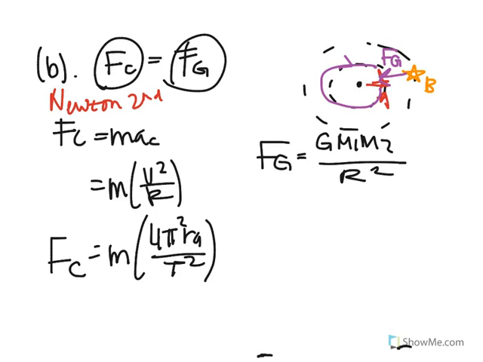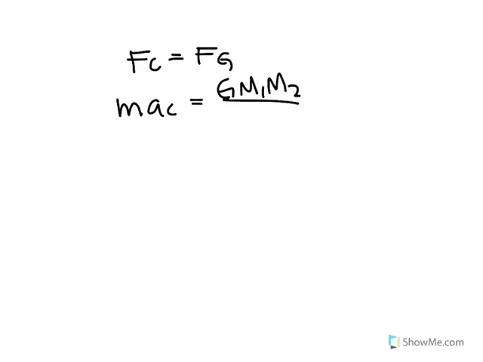Now, I put these all together, clean it up. So Fc is equal to Fg. Fc is equal to m times a, which is equal to G m1 m2 divided by r squared.